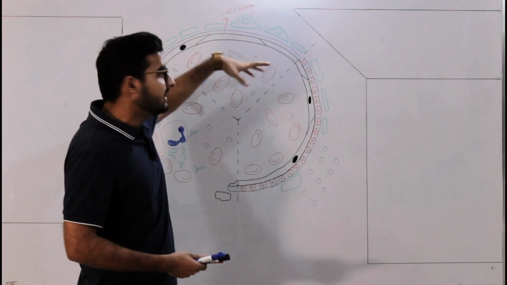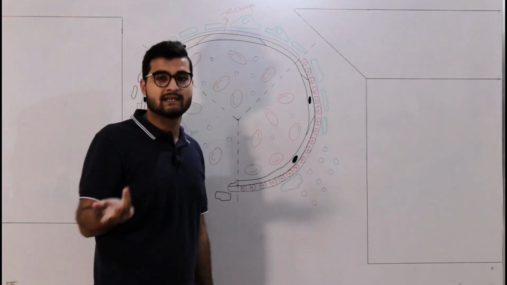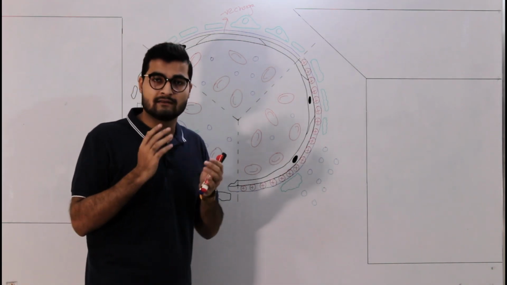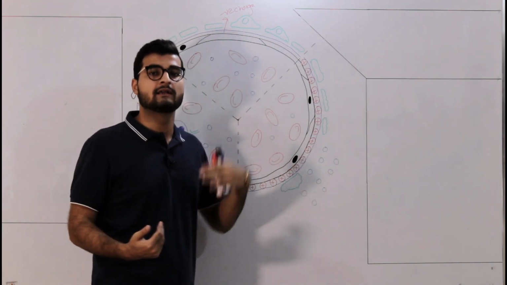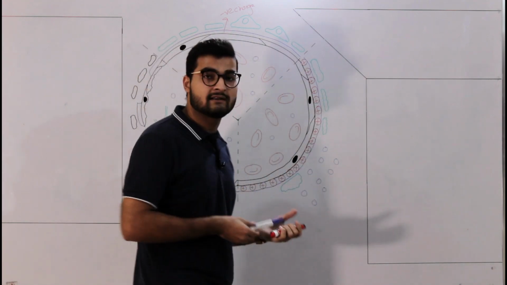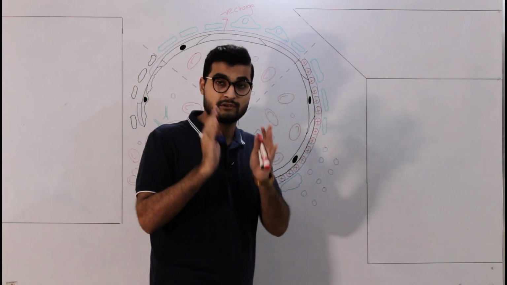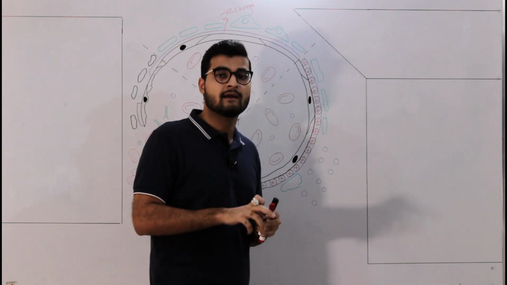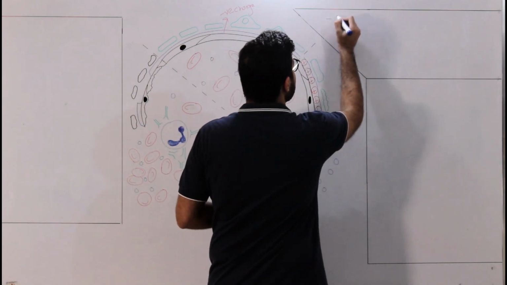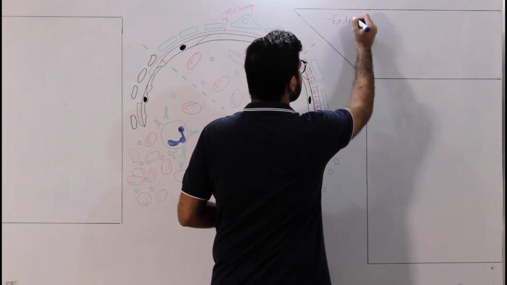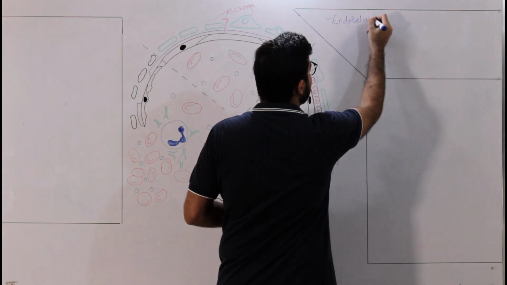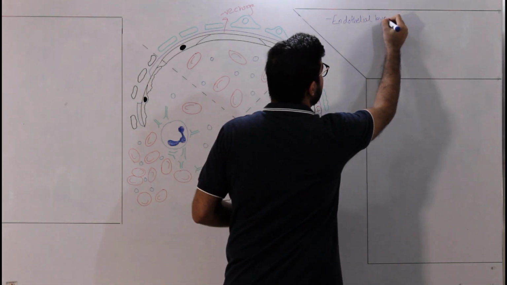Even if it were to escape, the podocytes usually just have 20 nanometer space available, and that won't allow that particle to escape. So the 3 things that keep the useful material of our blood inside our body are starting from your endothelial layer that has 70 nanometer to 100 nanometer space in between them.